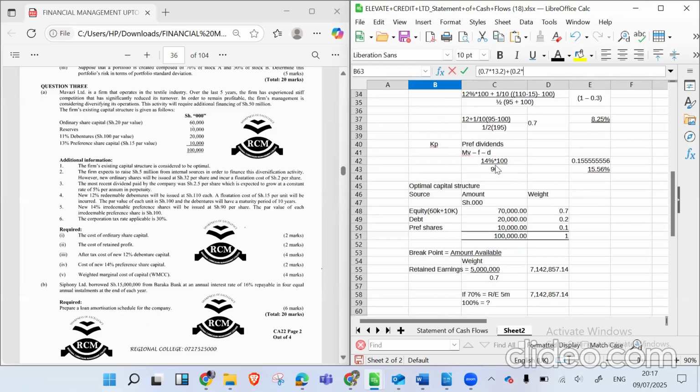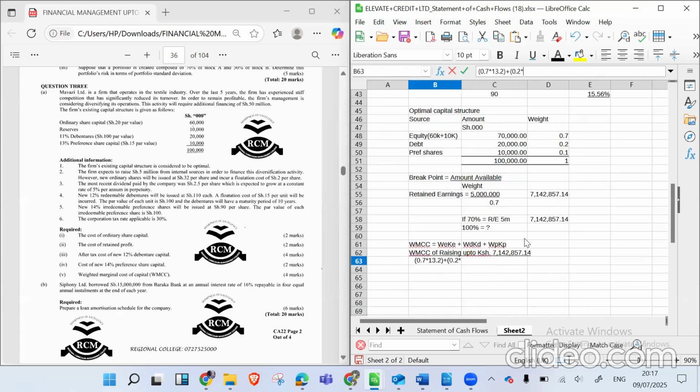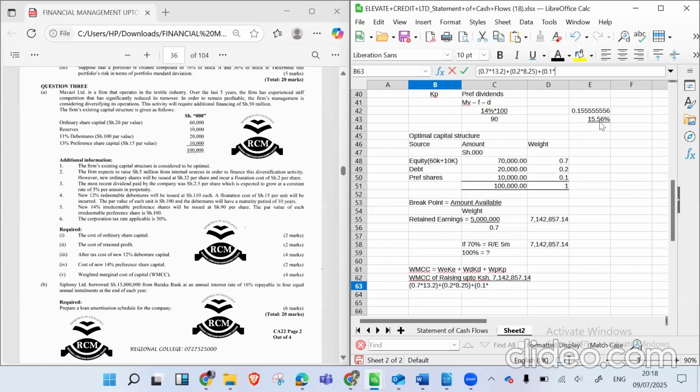Sina options mingi, ni moja tu. KD ni moja na ni 8.25. So times 8.25 plus the weight of preference shares, which is 0.1, times the cost of preference shares, pia ni moja tu, 15.56.